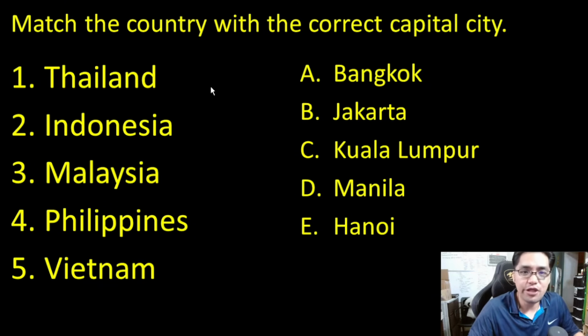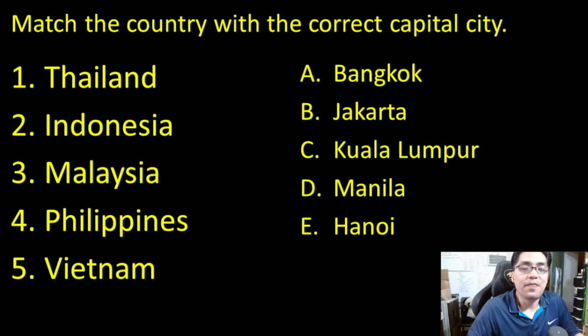But in case you didn't notice, matching type works like a multiple choice: for the first question, Thailand, this is the answer key while the rest are actually the distractors. For number 2, you have Indonesia, and Jakarta is the correct answer while the rest are its choices.